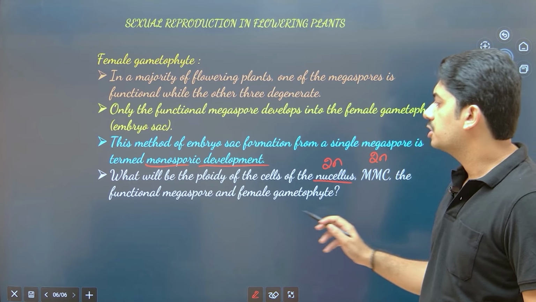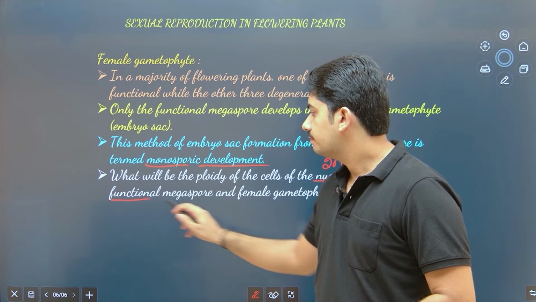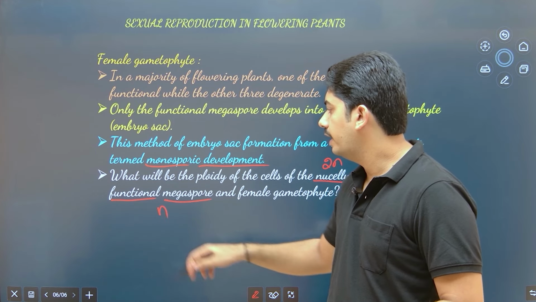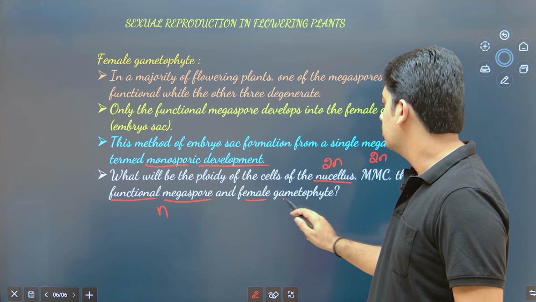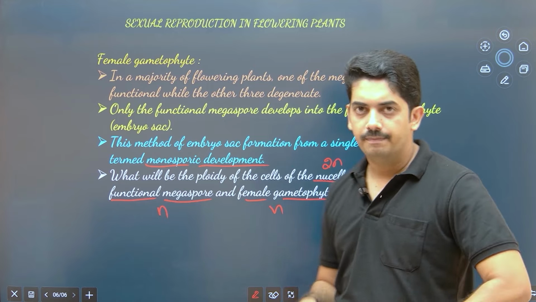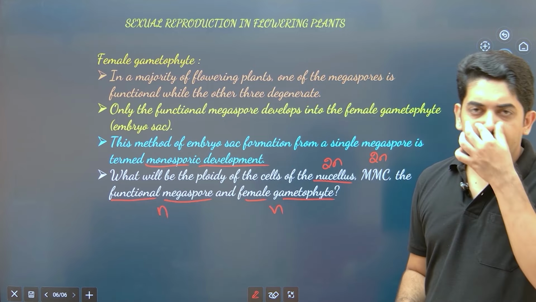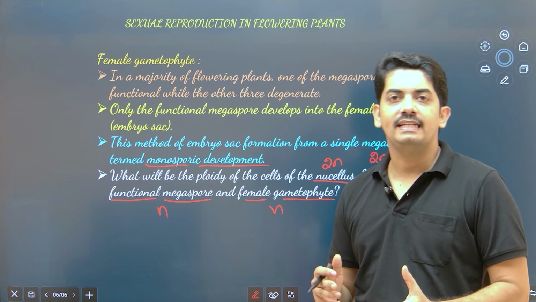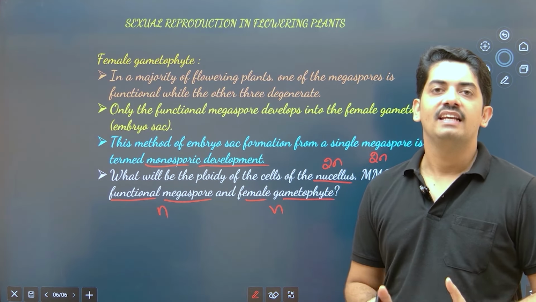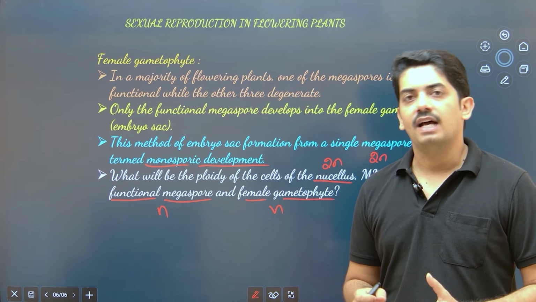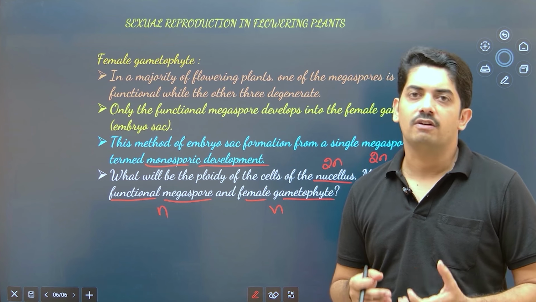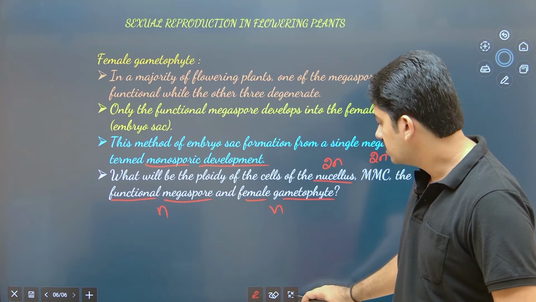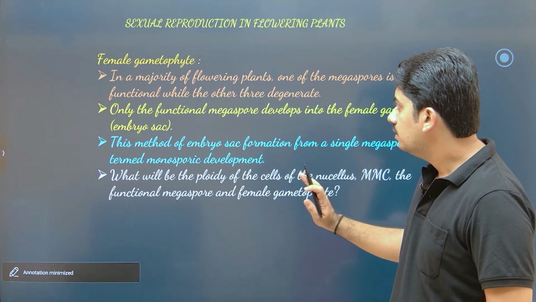So the functional megaspore is, of course, haploid, and the female gametophyte is also haploid. Simply by giving this type of question, he is giving the hint that there is a high chance that competitive exams ask questions on the ploidy of the cells. Okay, hope this concept is clear for you.